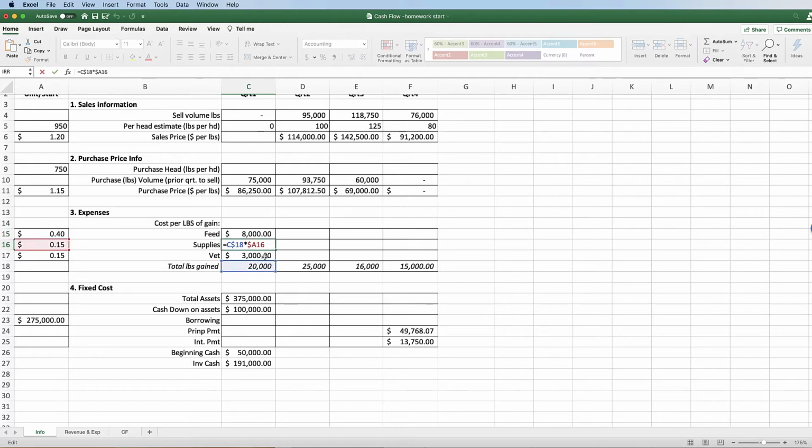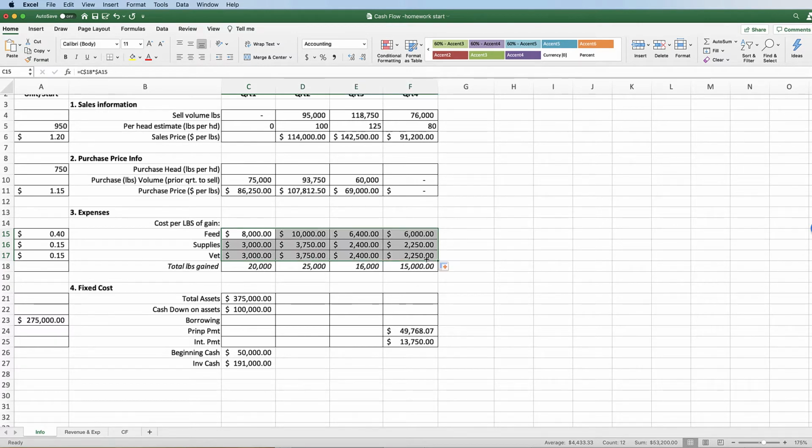All right, it's got the same numbers. That's perfect. But now I can copy all three of these and copy across the quarters, and it does it automatically for me as well. And so you can spot check yourself and just double click on these and say, is that right? Is that the amount multiplied times the 15,000? I think so. So there they all are. That's what's going to cost me every quarter.